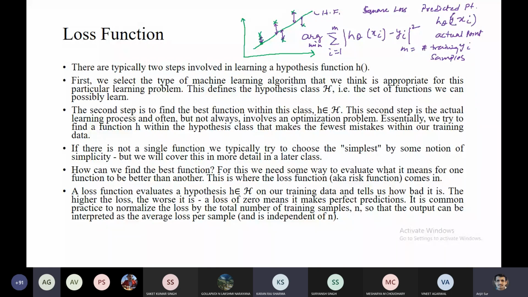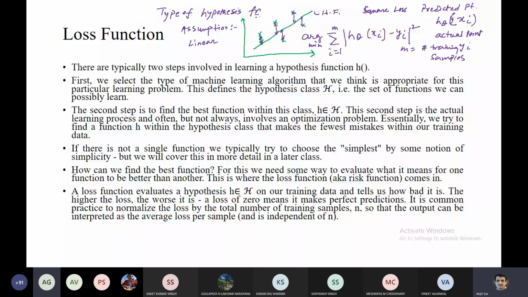Before coming to the loss function, we choose the type of hypothesis function. Here, one can say that this hypothesis function is linear in nature, so there is an assumption that this is a linear hypothesis function.